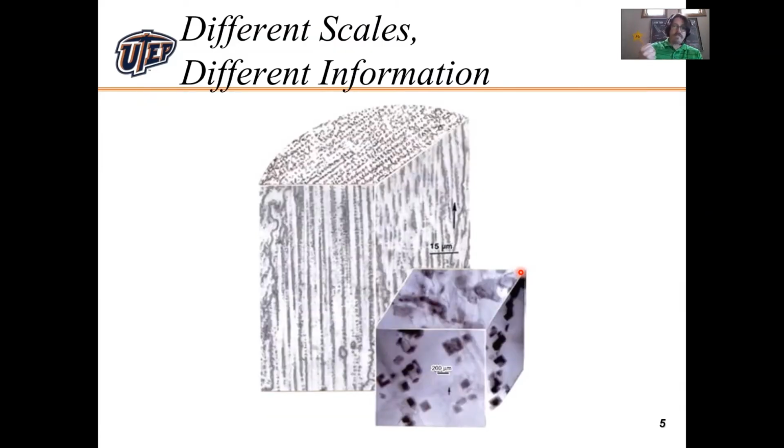We deal with different scales in the material science world because it gives us different types of information. And so here we have a characterized piece of material. This is cobalt chromoly, and this was formed via additive manufacturing. So this cube here, I call it a metallography cube.